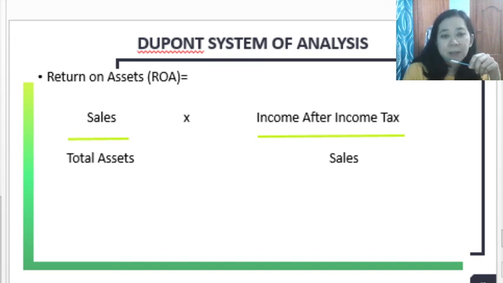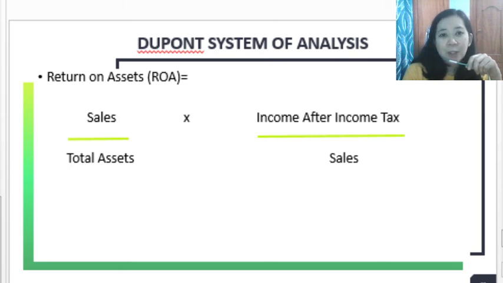For this module, we will not deal deeply with the DuPont system of analysis. The purpose of this module is that you should have at least a minimum understanding of the most common financial ratios used in practice.